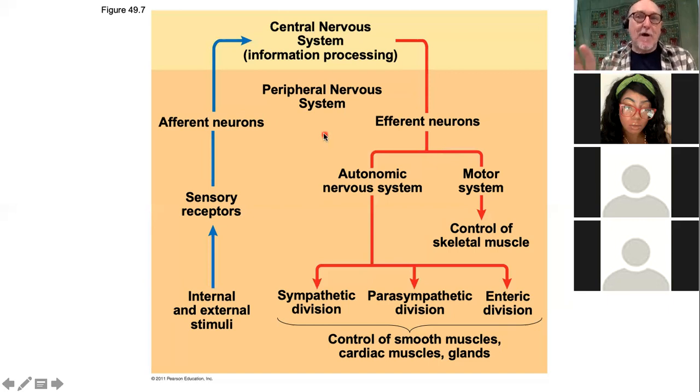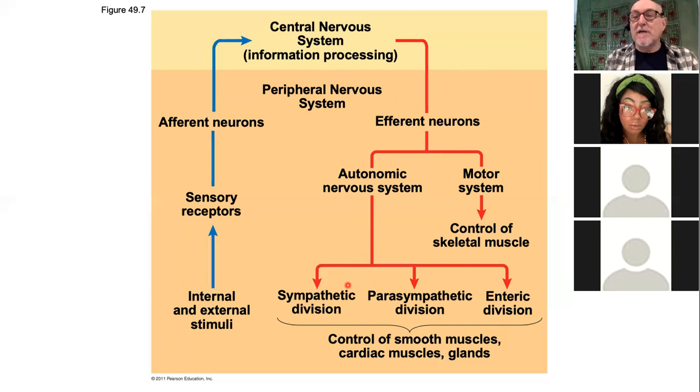But a huge amount of the output of the central nervous system is actually not under voluntary control at all. It is through a section of the nervous system called the autonomic nervous system, the unconscious nervous system. And this has three divisions, two major, one we'll regard as being relatively minor.